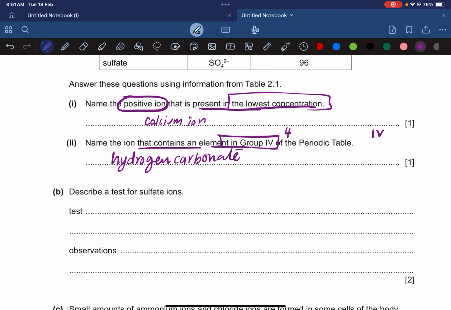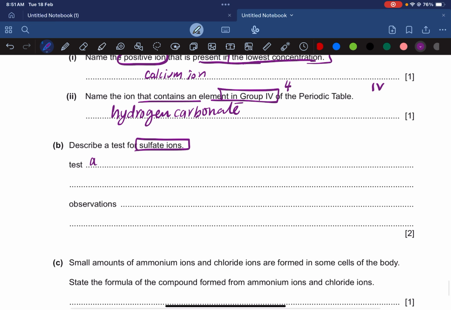Okay, describe the test for sulfate ions. For sulfate ions, first you've just got to learn it for the qualitative analysis. That's a compulsion, so just learn it. Acidify it with nitric acid.